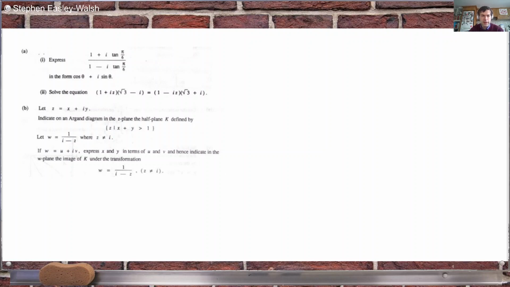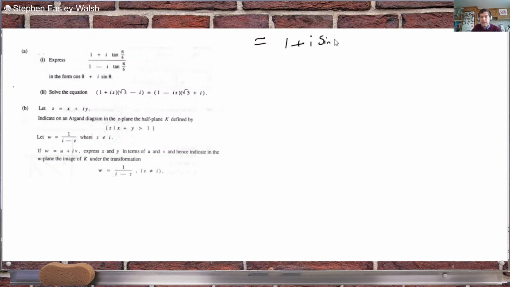Okay, let's have a look here. First one doesn't look too bad, because I think what we have to do here, we'll just change tan into sine over cos.